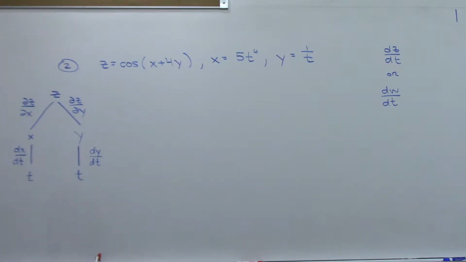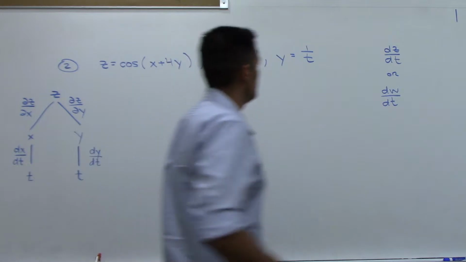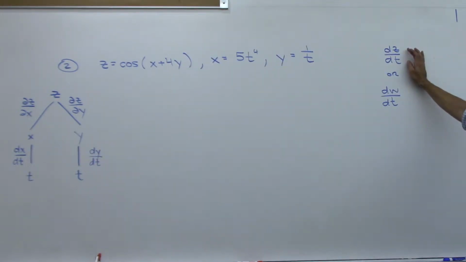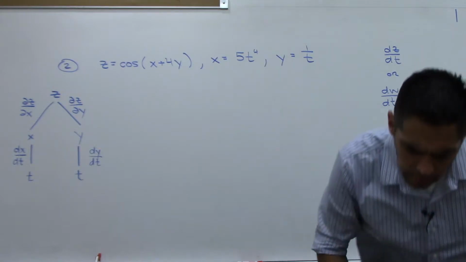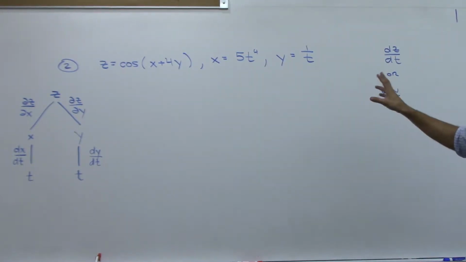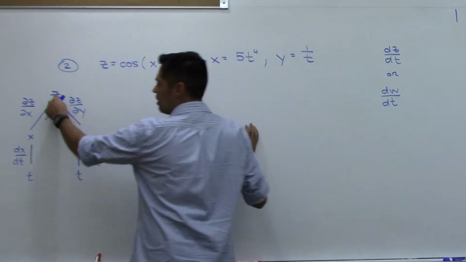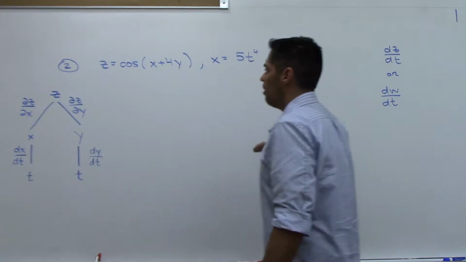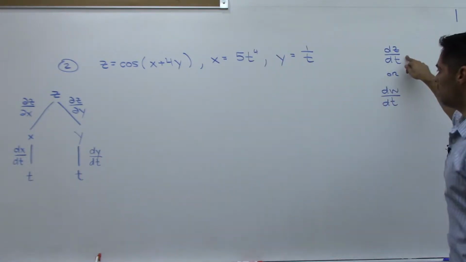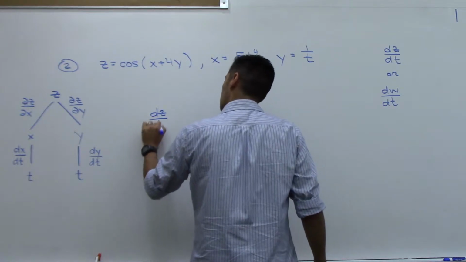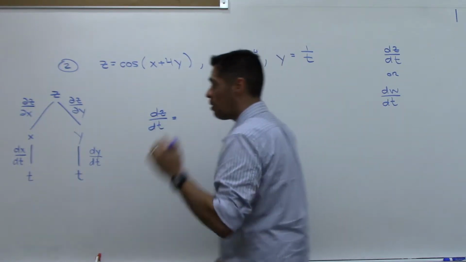Okay, and now what can we find here? They want dz/dt. Oh yeah, because z can be determined directly if you know what t is, right? If you know what t is, you can get all the way back up to z. So that means I can do a straight derivative dz/dt. dz/dt will be the sum of the product of the branches.